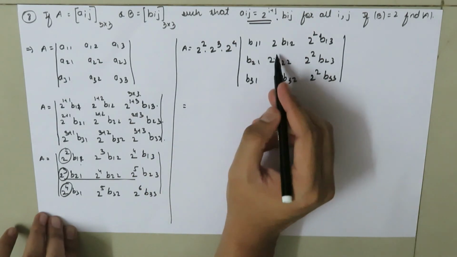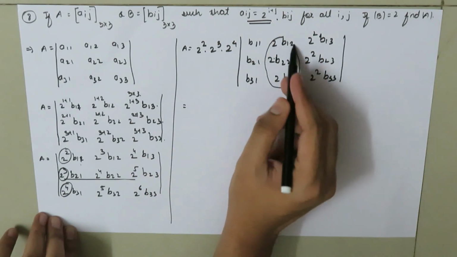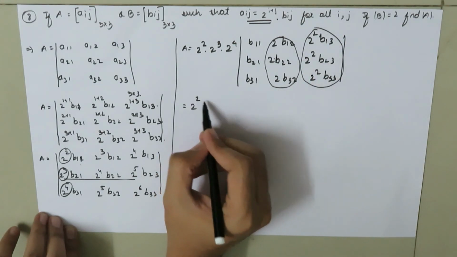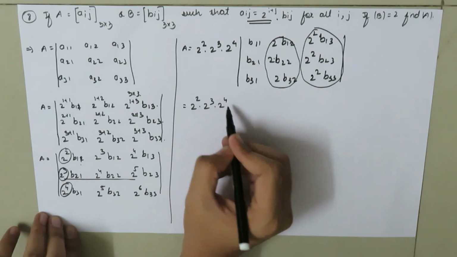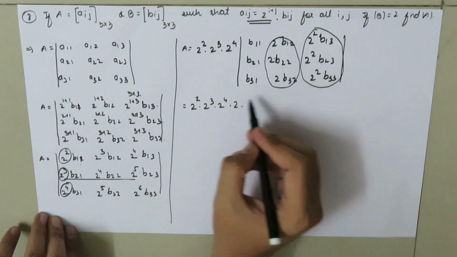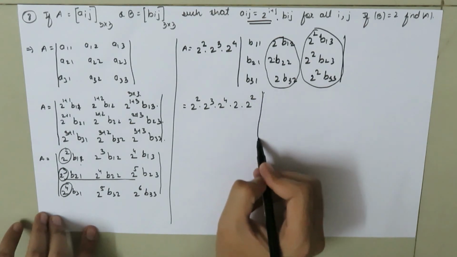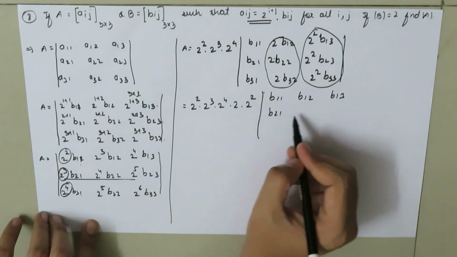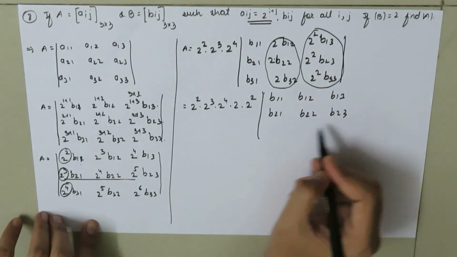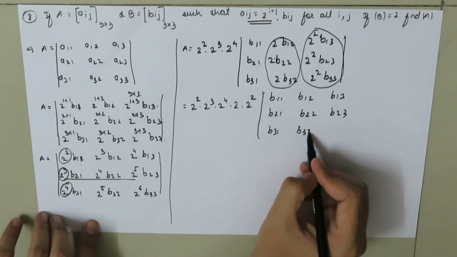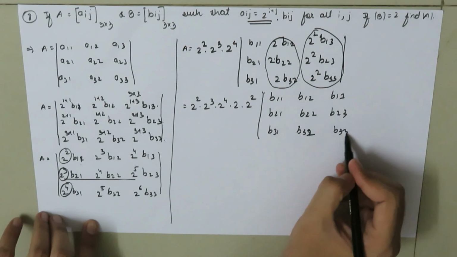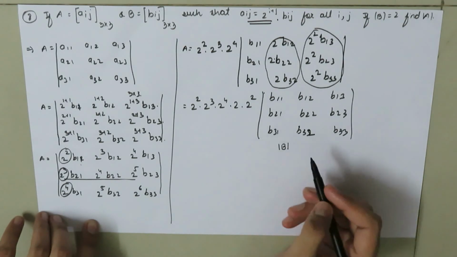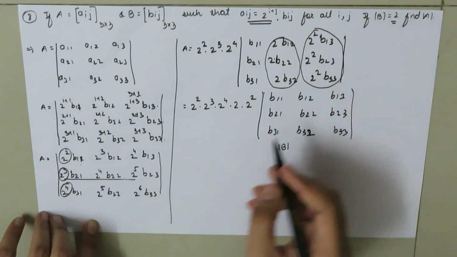And now we can take 2 outside from this column and 2 to the power 2 outside from this column. So this will be 2 square times 2 cube times 2 to the power 4 times 2 and times 2 square, and we get the determinant B11, B12, B13, B21, B22, B23, B31, B32 and B33, and this is the determinant B, and the value of the determinant B is 2.